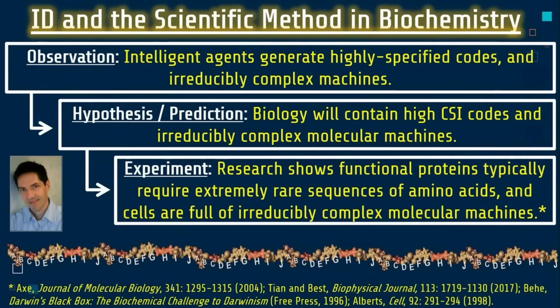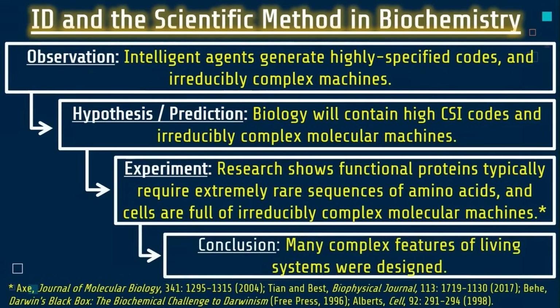And so this is high CSI that Doug Axe has discovered in biology. And we also find that our cells are full of irreducibly complex molecular machines. If you went to Emily Reeves's talk, you learned about how we have these molecular machines in plants that generate energy, and biology is full of these molecular machines. So we can then, therefore, conclude that many complex features of living systems were designed.